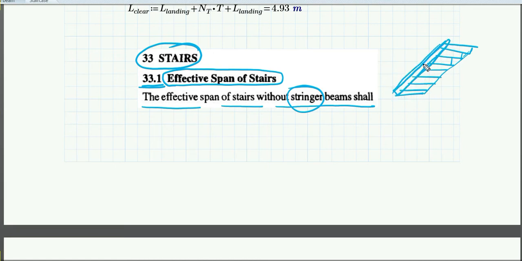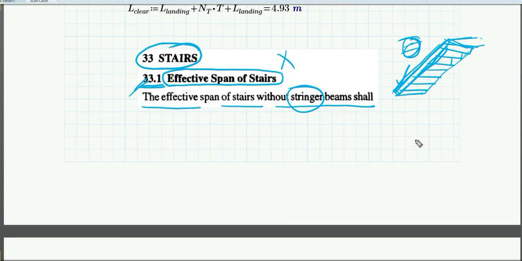This beam is running parallel to the going or parallel to the flight of the staircase. So this is called a stringer beam, and if a stringer beam is there, this particular clause will not be used. If in the staircase that you are designing the stringer beam is not there, then only are we going to use 33.1.